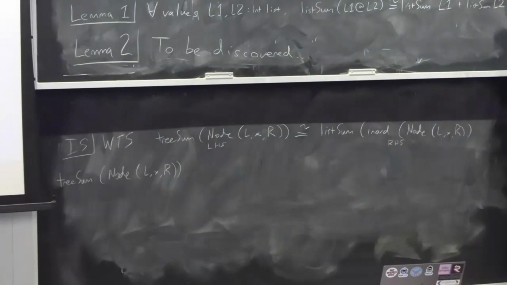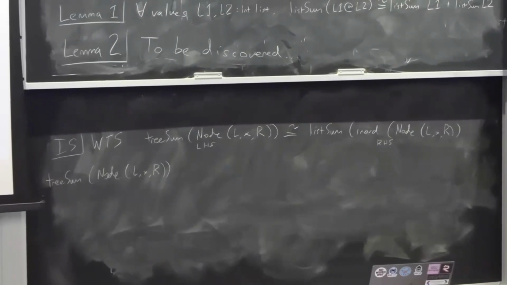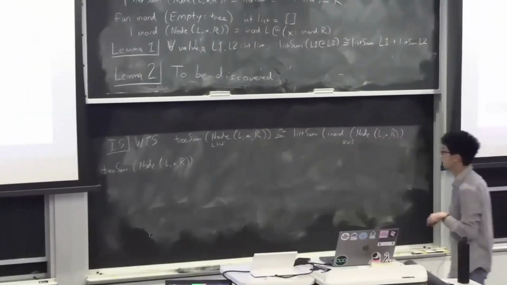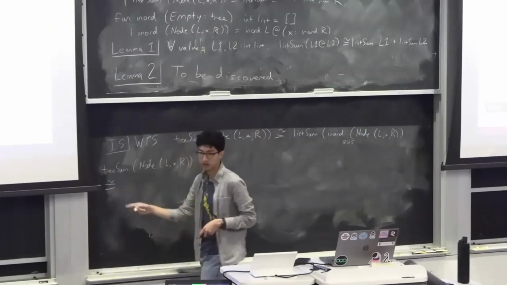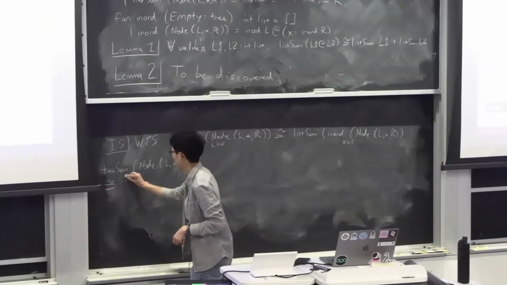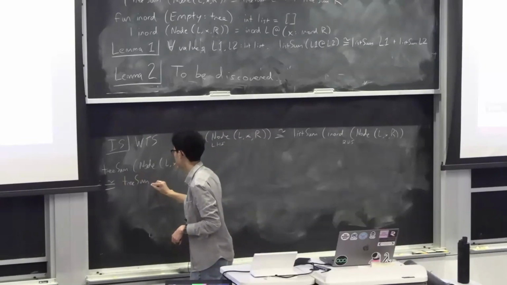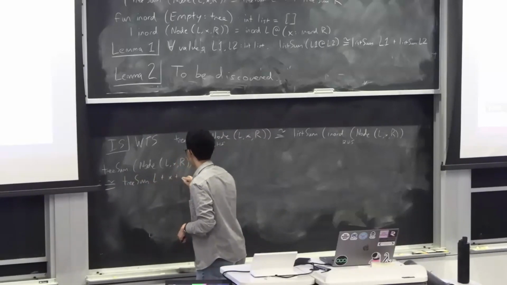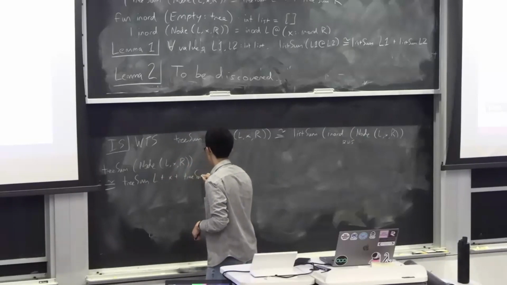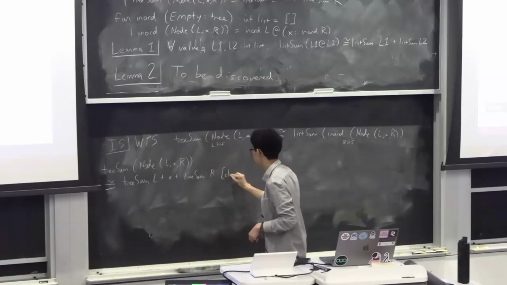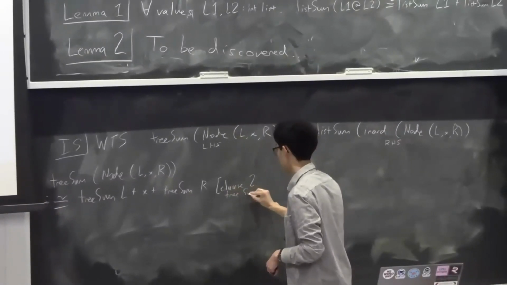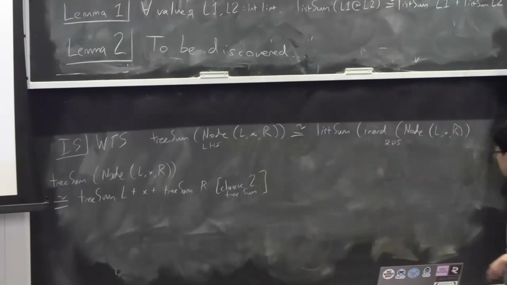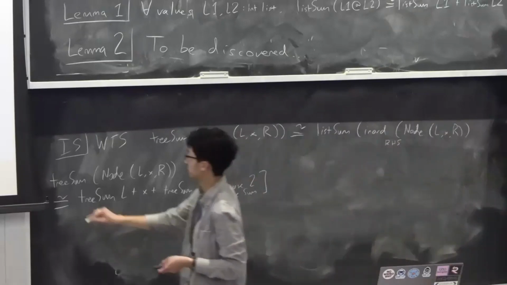Because tree sum of node of L X R is just tree sum of L plus X plus tree sum of R. So by unpacking the definition, I'm going to say this is equivalent to, on this new line because I'm going to run out of space otherwise, tree sum of L plus X plus tree sum R, and that's by clause 2 of tree sum. I'm trying to leave half this board empty, hopefully. And I'm also going to notate this is LHS.